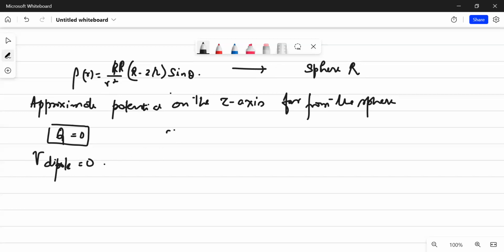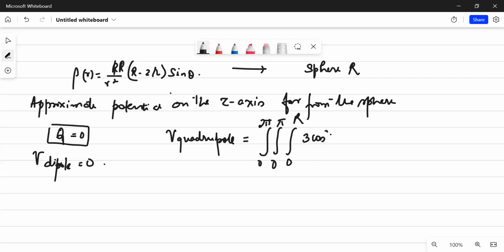Yes, isn't it? And we wanted to find what is the net quadrupole contribution to the potential, and that we'll get by integral. There would be three integrals: 0 to r, 0 to pi, and then 0 to 2 pi. And then I would write 3 cos square theta minus 1 upon 2, and there would be, I think, r square, right? So there would be some r square also here.